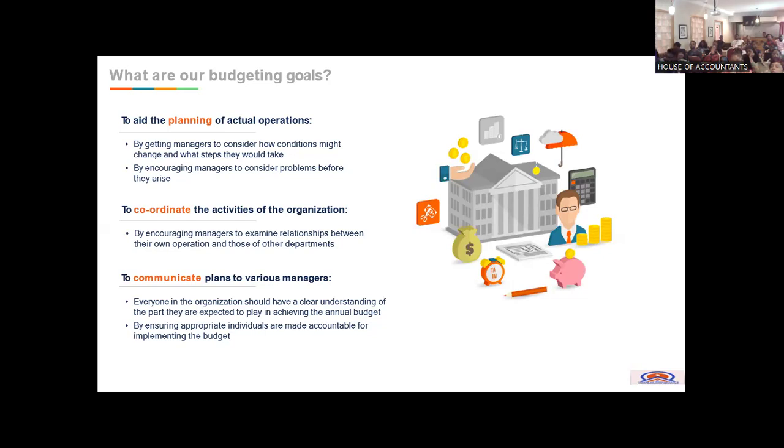So by encouraging managers to examine the relationship between their own operation and those of other departments, one department cannot do it alone. Accounts department must relate to other departments. Okay, marketing: you want to get your receivables. The marketers are selling to people, but they're not bringing money. So you must come together. How are we going to solve this problem so that our receivables will not be going up every time?